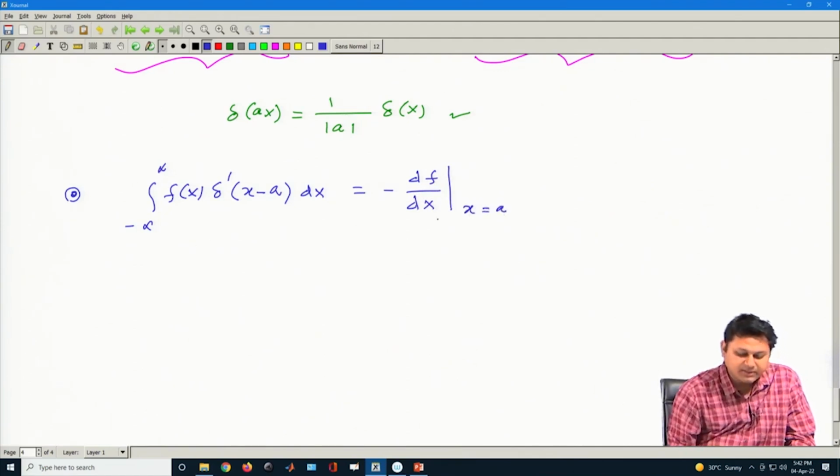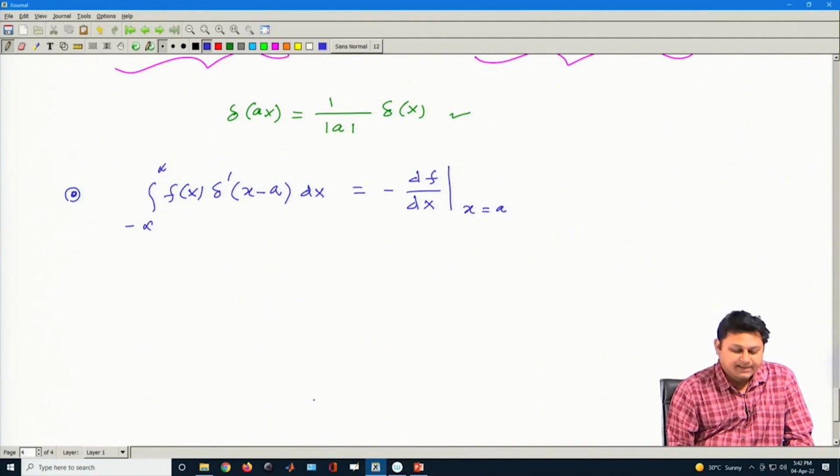So, the value of this quantity should be this one, and the process is straightforward.